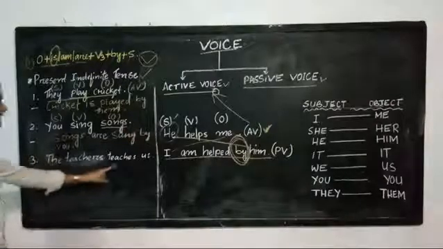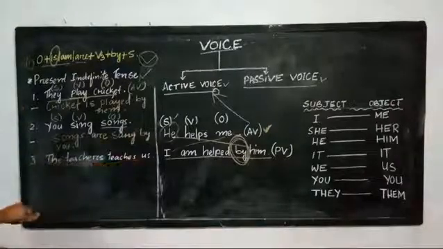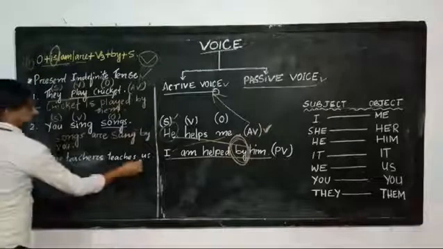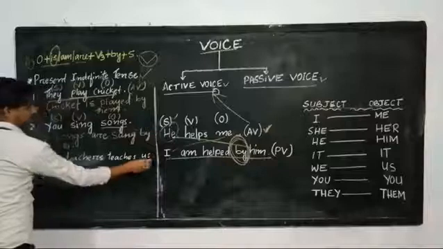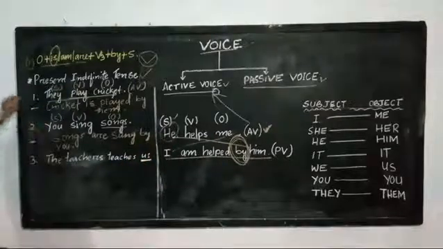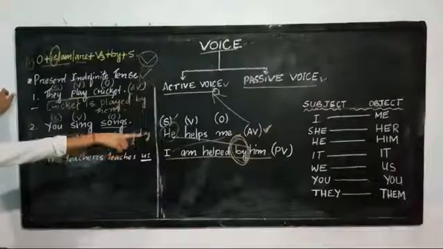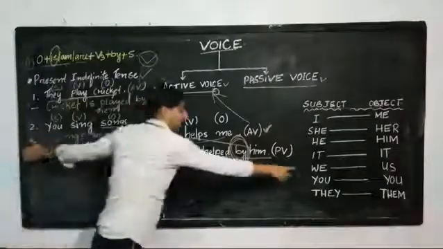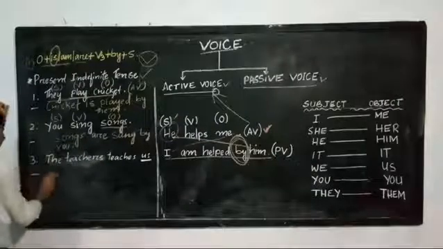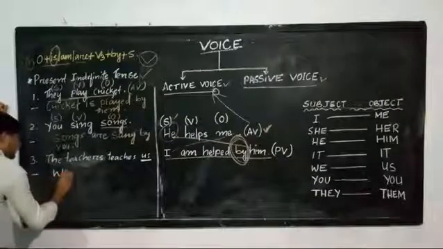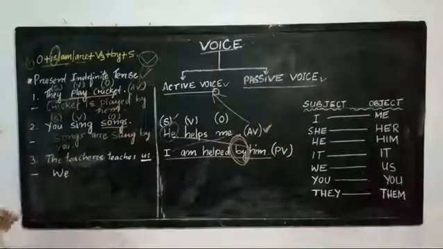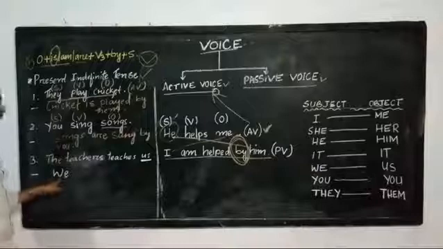Then the last question, number 3. The teacher teaches us. So us, what will it become when it comes in the passive voice? Us will become we. Then is we singular or plural?